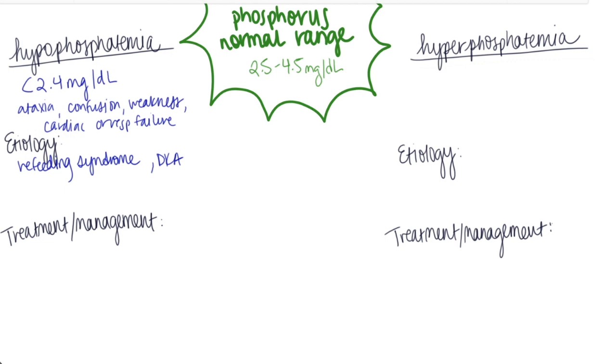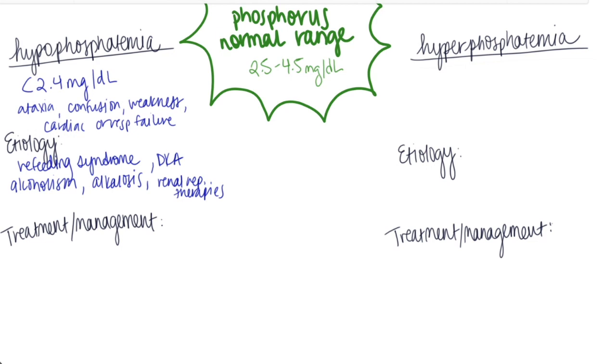Other times we can see hypophosphatemia are in individuals who have alcoholism. We may also see this in times of alkalosis. Similarly, you can see this if you have renal replacement therapies that are potentially a little too extreme, kind of drawing off too much phosphorus.